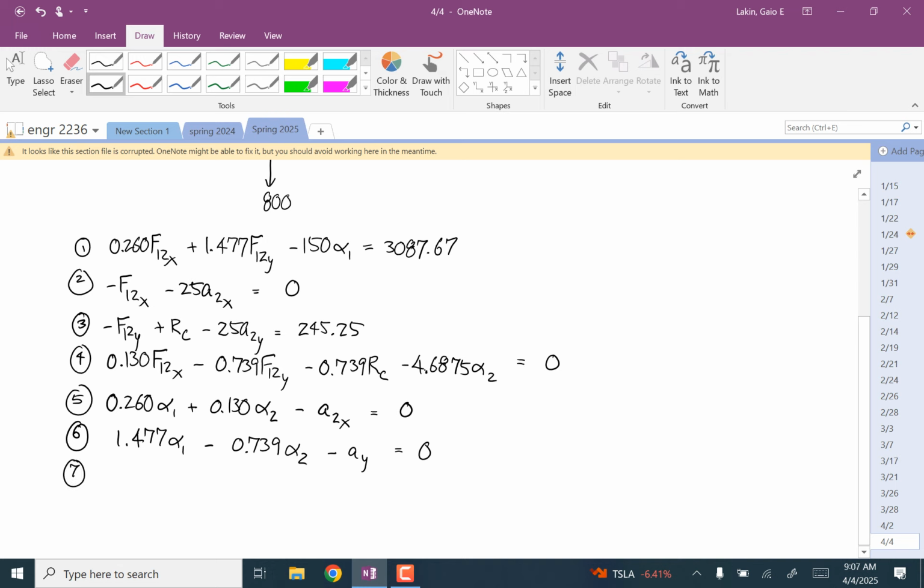And then the last equation says negative 0.739 alpha 2 plus a2y is equal to 0, and this equation 6, that should be a2y.